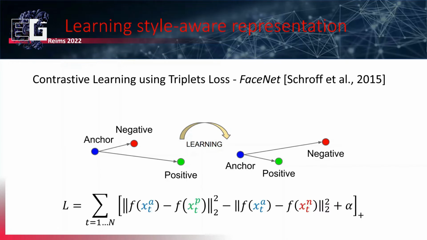Mathematically, it compares the distances in the latent semantic space and penalizes if the negative is closer to the anchor than the positive, with some margin.